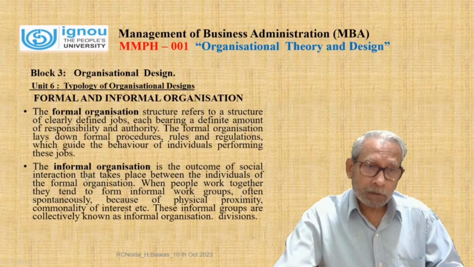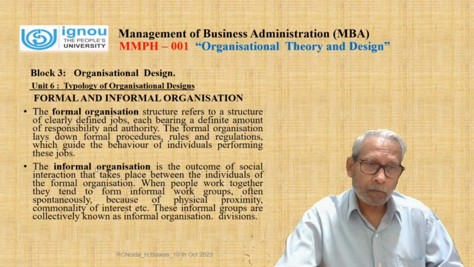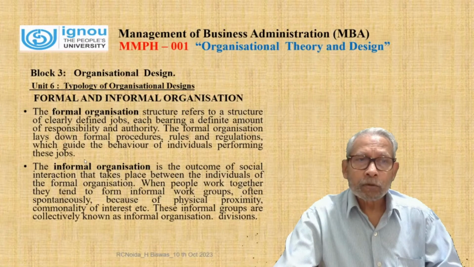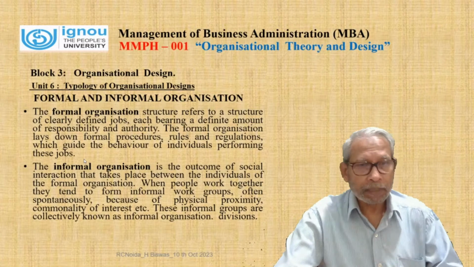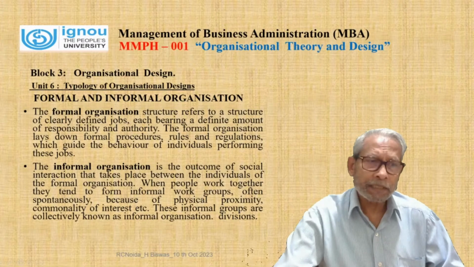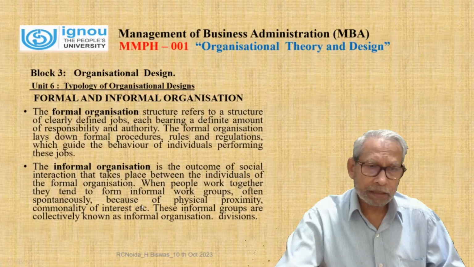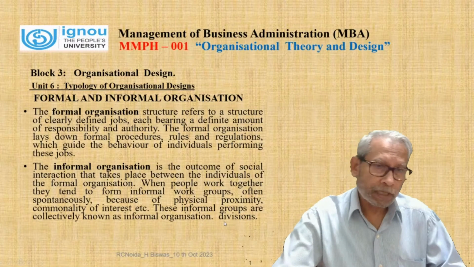So the informal organization concept is sometimes successful. Some organizations even allow discussion with the staff in separate places. Often, spontaneously, because of physical proximity, there is a chance of discussions. So community and interactions are there. These groups are collectively known as the informal organization, we can say.